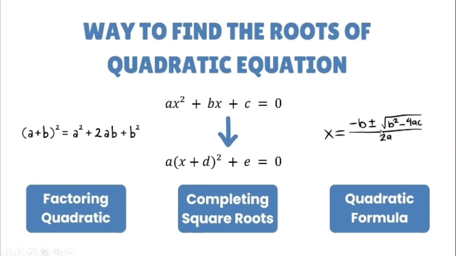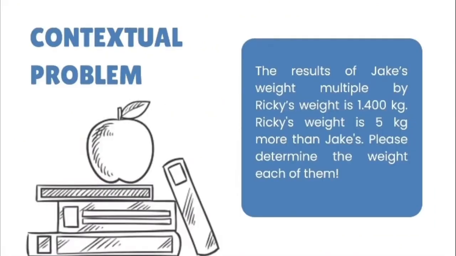And this is the formula. x equals negative b plus minus square root of b squared minus 4 times a times c, over 2 times a. We use that formula to get the two answers. One is for the plus case and the other is for the negative case, because of the plus minus. Okay, now let's solve this contextual problem.